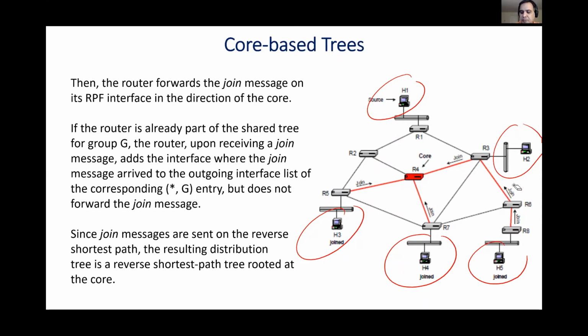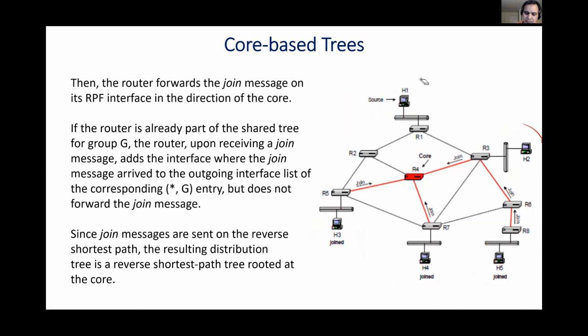So the idea is, let's reduce a part of this tree making. Consider one router as a core, and make a permanent tree from the core to all other recipients.